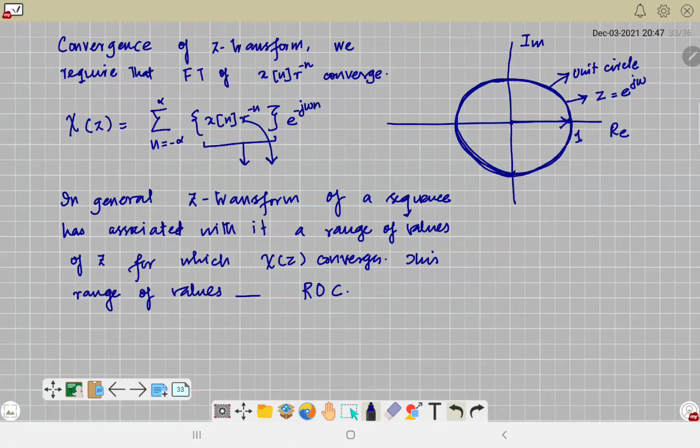This is an important part when the Z transform is concerned.